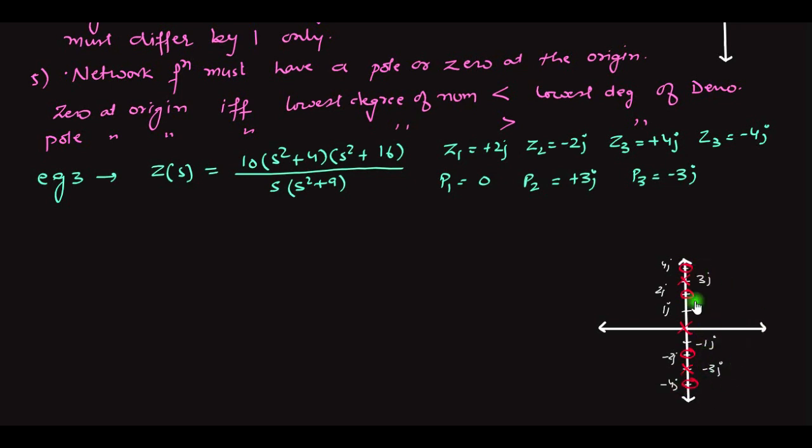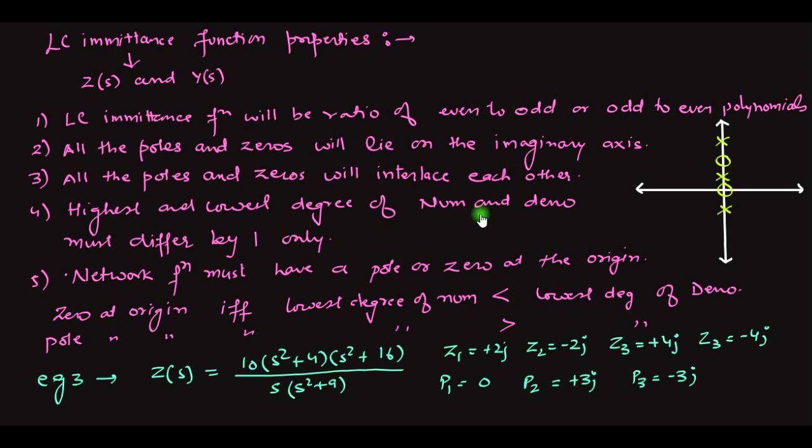Now with this plotting, I can see after this 0 there is a pole, and after this pole there is a 0, and after this 0 there is a pole, and after this pole there is a 0. So all the poles and zeros are interlacing each other, hence it is satisfying condition number 3 also. Let us check condition number 4.